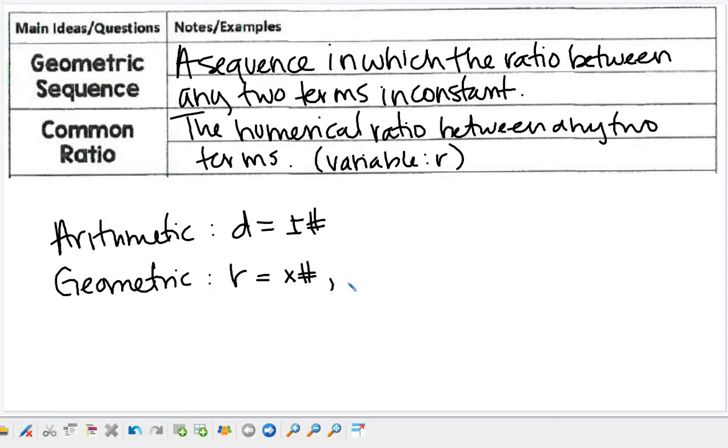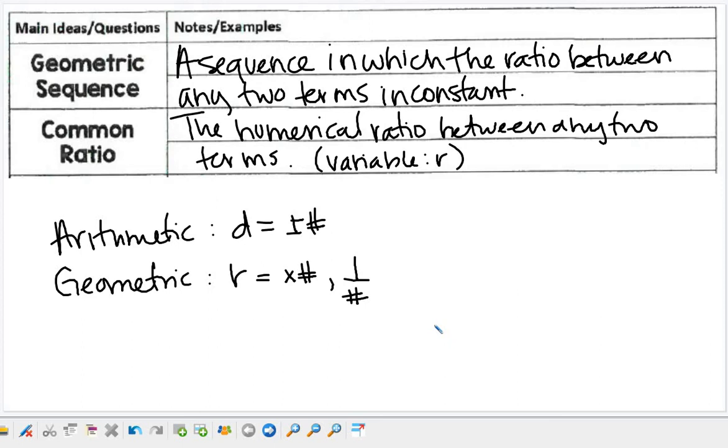And when we divide, we can't say if we're multiplying by 4 that our ratio is 4, and if we're dividing by 4 our ratio is 4. So when you're dividing, it's 1 over that number. Like if you notice that it's going down by dividing by 4, then you would say 1/4. Now you can have a ratio that's not 1 over a number. You can have a 2/3 ratio.